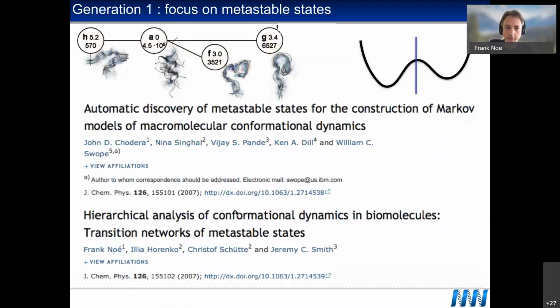So in the early days, in the late 90s, it was mainly ideas and benchmark systems and mathematics. And then we really wanted to do things like peptide folding and protein folding. In the first years of Markov state modeling, and here are 2 papers back to back in JCP with my friend John Chodera that represent this era, we were thinking, okay, based on what I just told you, we should just discretize the state space into a few states such that they have long lifetimes.